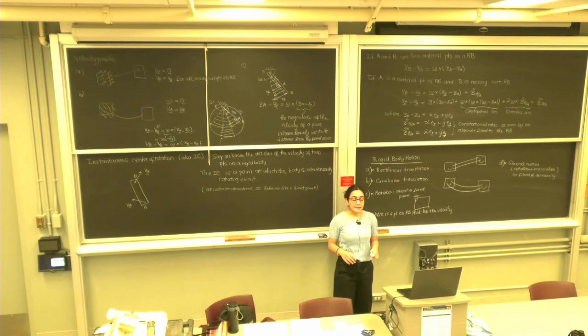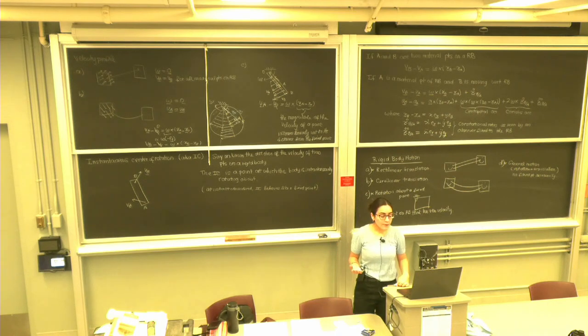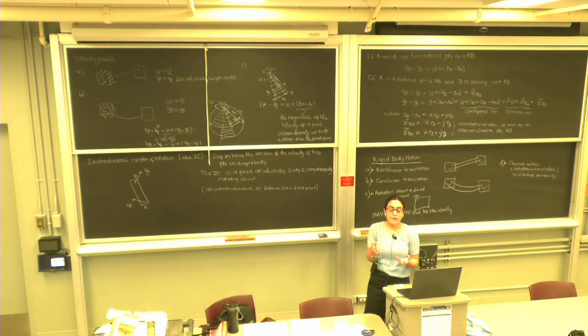Okay, and then how do we find the IC of a rigid body? We backtrack from the velocity profile to find the IC.